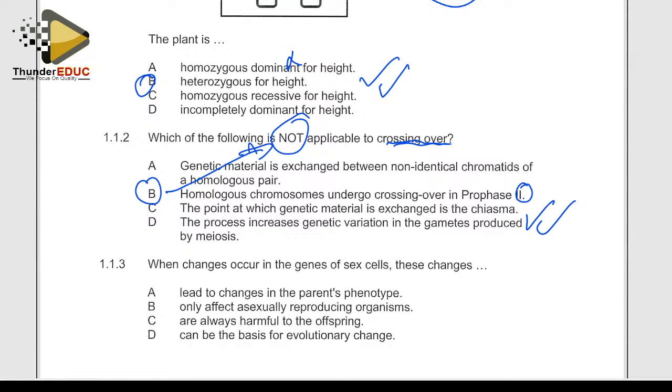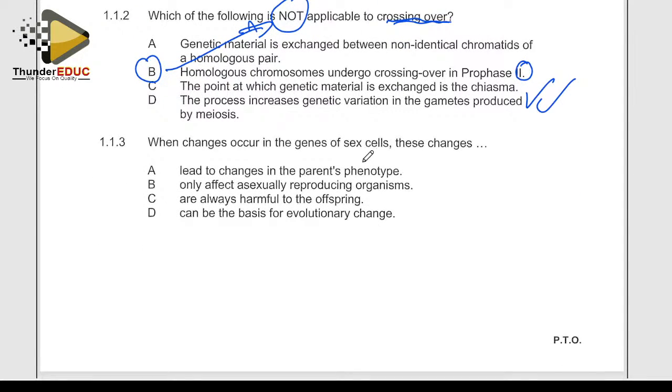Then we go to the next question. They are saying, which changes occur in the genes of the sex cells. These changes lead to changes in the parent phenotypes. No, what happens in the sex cells in terms of genes does not change the genotype of the parent, so this is wrong.